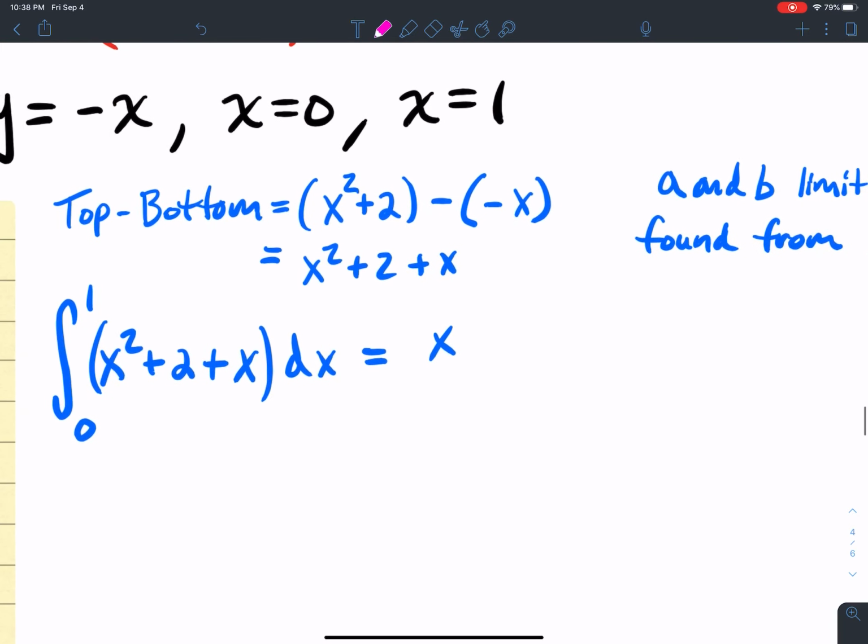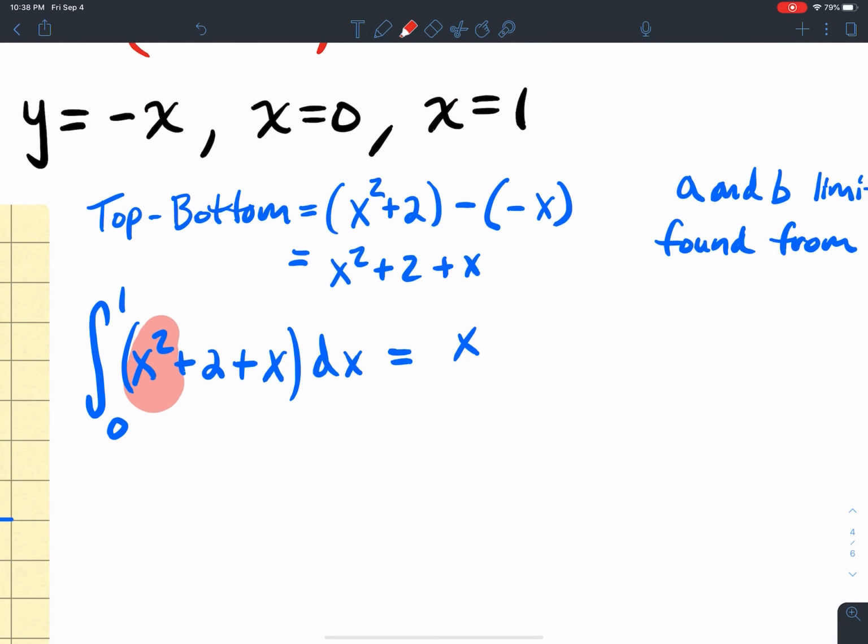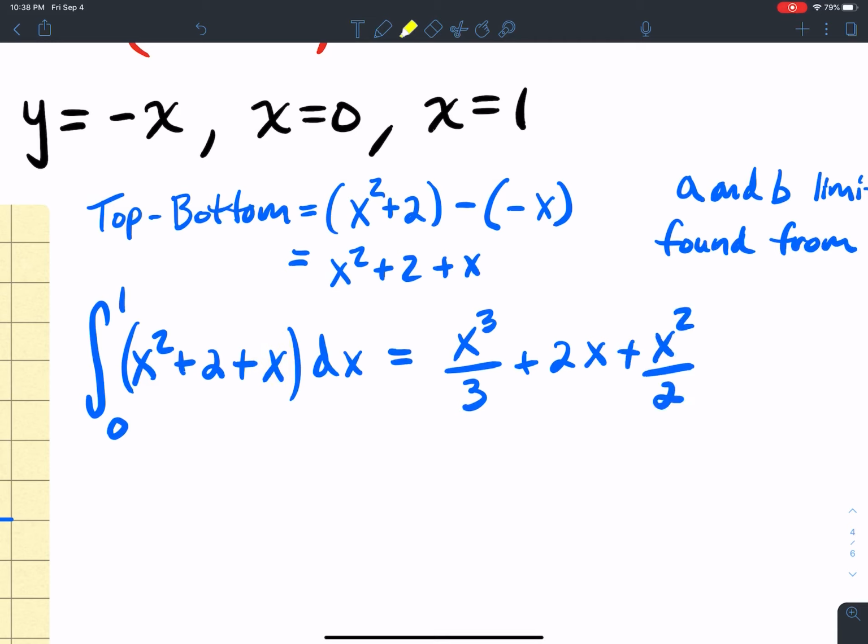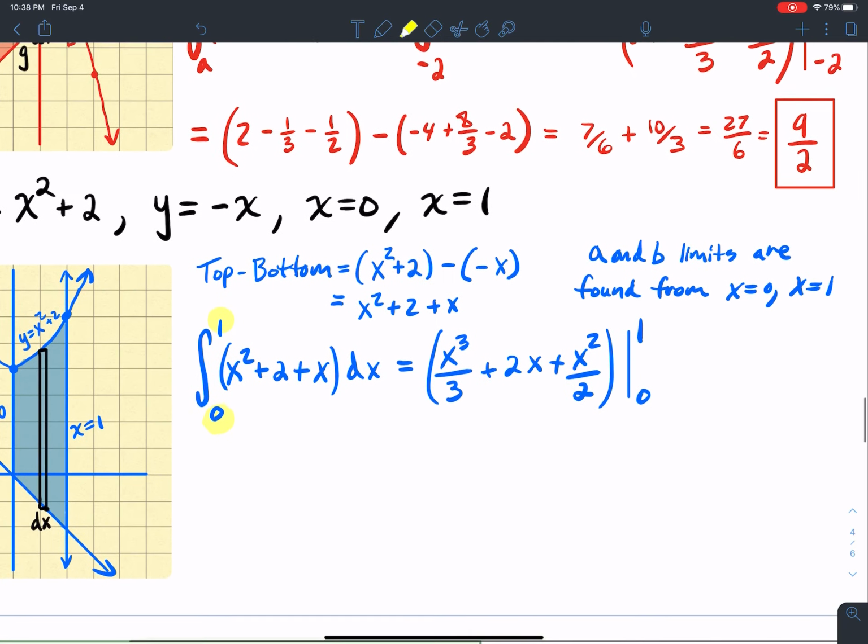So to do this, I integrate x squared. Whenever I integrate x squared, I add 1 to the exponent, divide by it. Integrate 2, I get 2x. Integrate x, I add 1 to the exponent, I get 2, divide by 2. And I evaluate it from 0 to 1. So f of 1 minus f of 0.